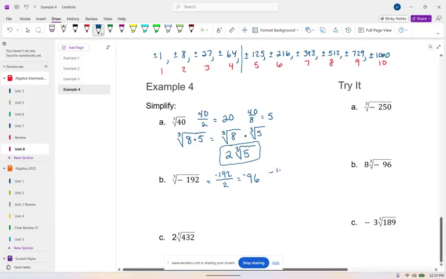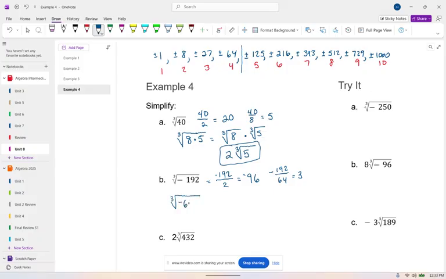So negative 192 divided by 64 equals 3. This allows me to break this down into negative 64 times 3.